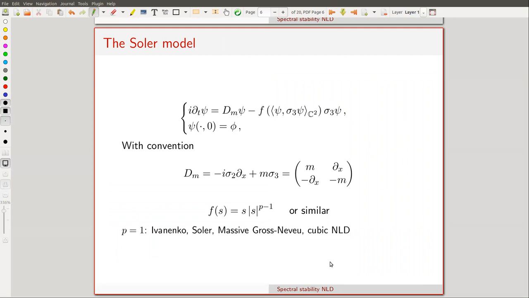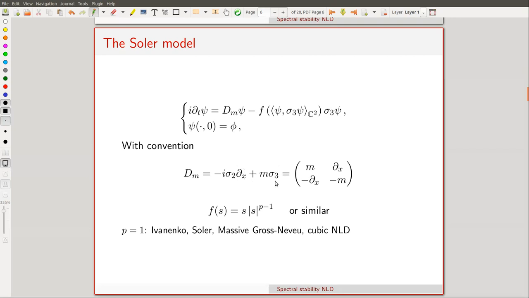So now this is the equation that the talk is actually about. It's again an evolution equation, but now for a C2-valued spinor, usually called psi, so something with two components. On the left-hand side, i d_t, and on the right-hand side, the kinetic energy is now the Dirac operator with mass m. You have one derivative and a mass, and you can pick your favorite Pauli matrices.